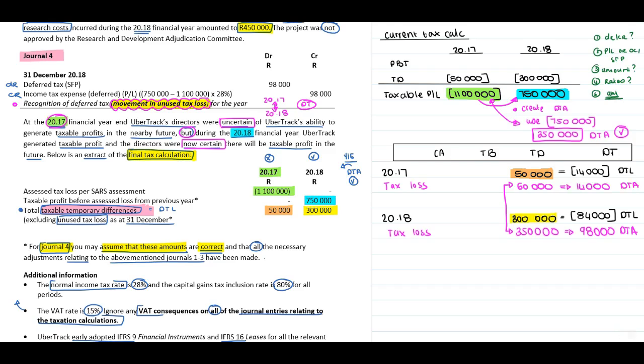And now, when we look at the movement between 20.17 and 20.18 in terms of our unused tax loss, this movement will be the 300,000, and this will be 84,000. That should be recognized as a deferred tax asset in our journal entry.